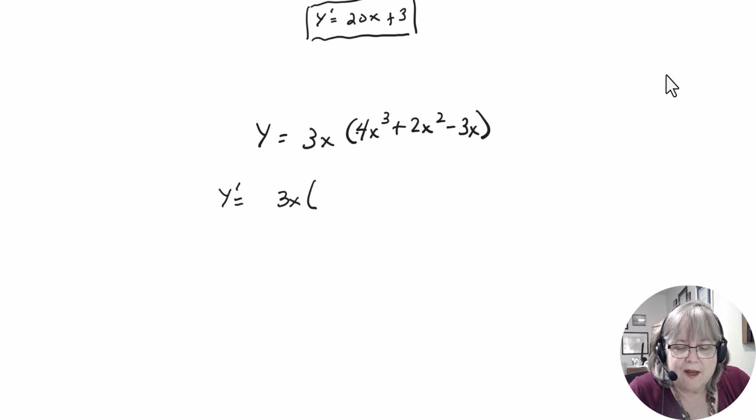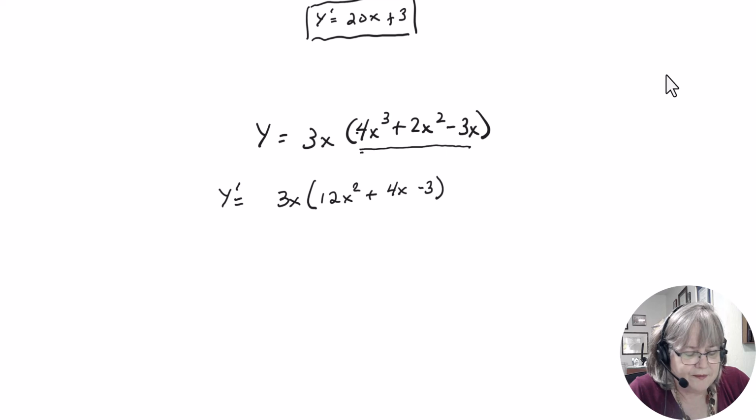Okay, now all you have to do is focus on this 4x cubed plus 2x squared minus 3x and take that derivative like the other part's not there. So 4x cubed, the derivative of that is 12x squared, plus the derivative of 2x squared is 4x, and the derivative of minus 3x is minus 3.